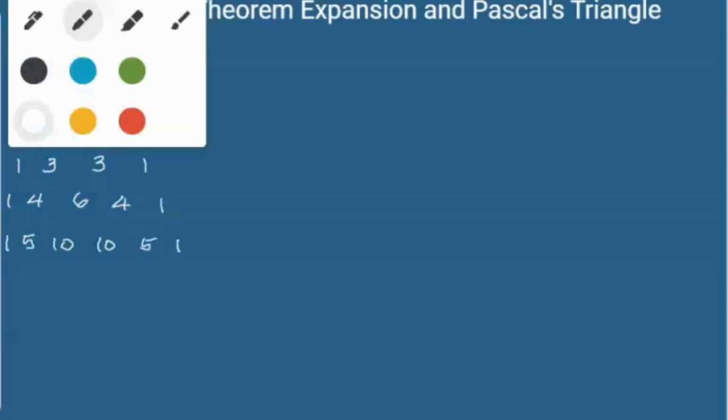So we can call this our row 0, row 1, row 2, row 3, row 4, row 5, and so on and so forth.